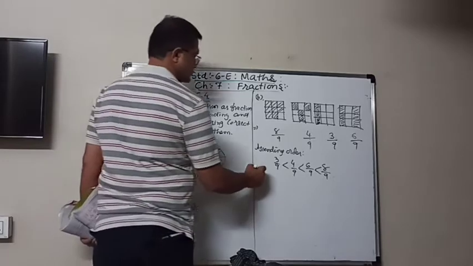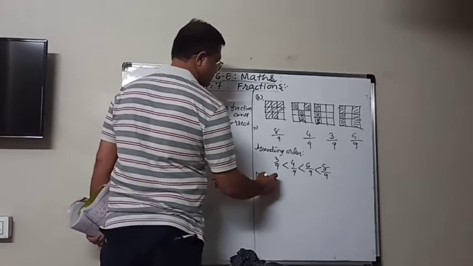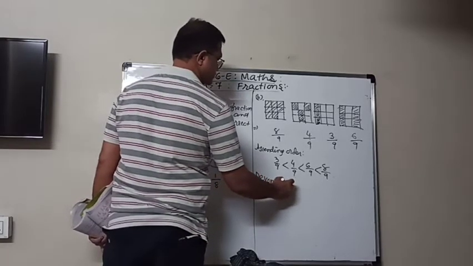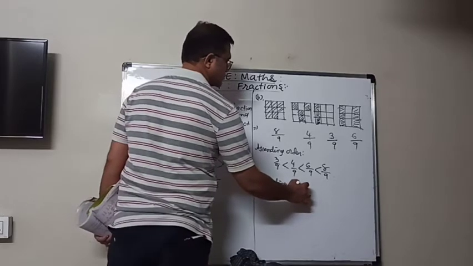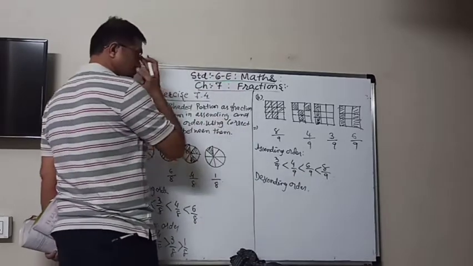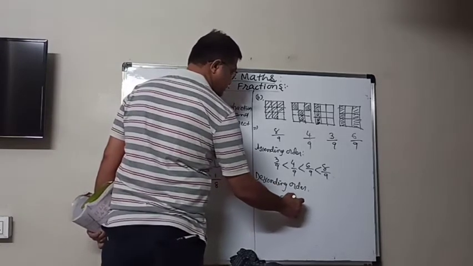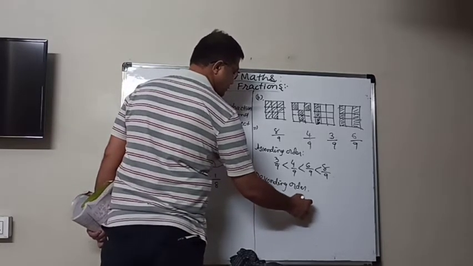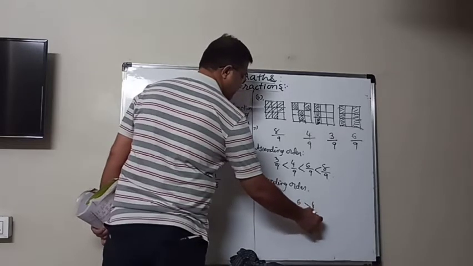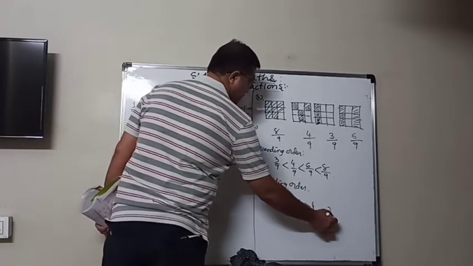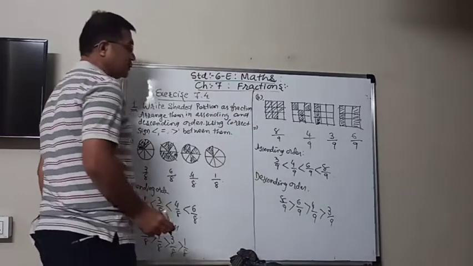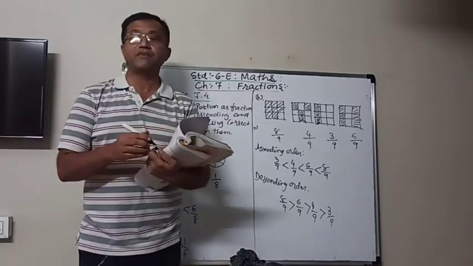And in descending order, we have to write down in the reverse order. 8 upon 9 is greater than 6 upon 9, greater than 4 upon 9, and is greater than 3 upon 9.